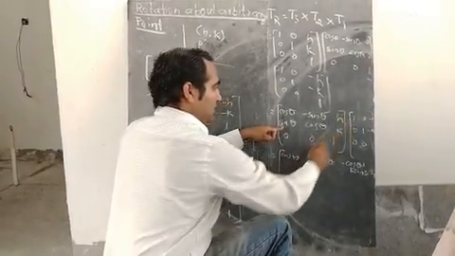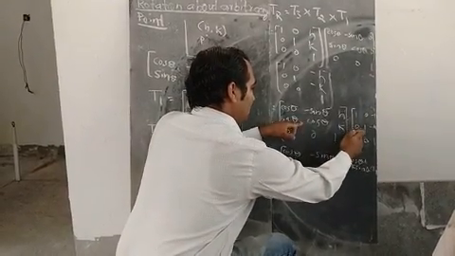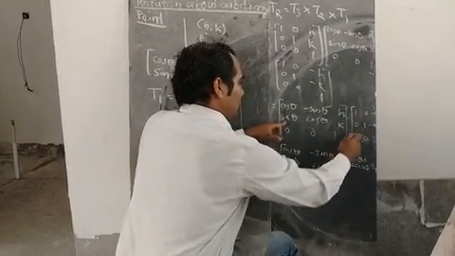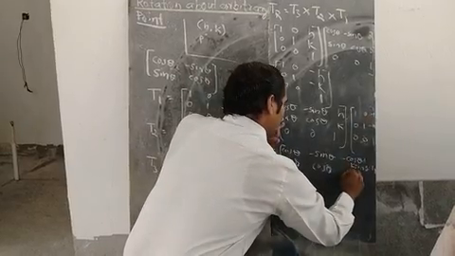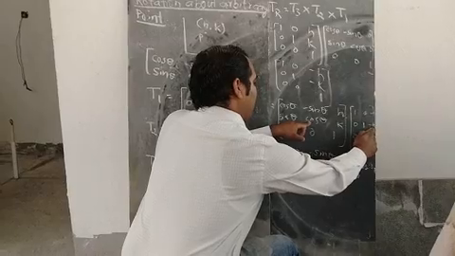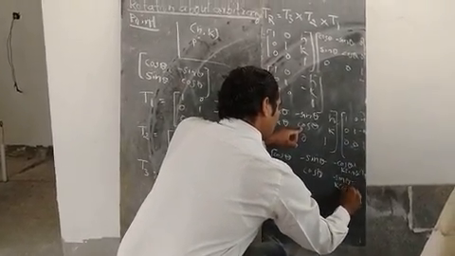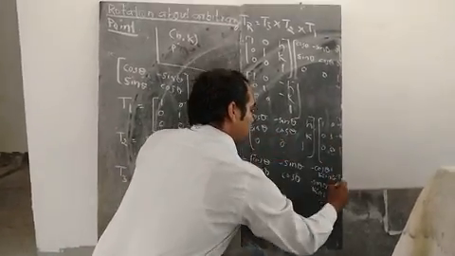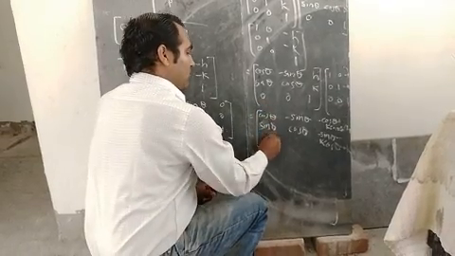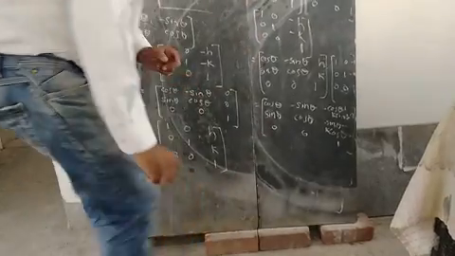Similarly here sine theta, then here 0 cos theta, then here minus h sine theta minus k cos theta plus k. And then here it will be 0 0 1. So this is the resultant matrix.